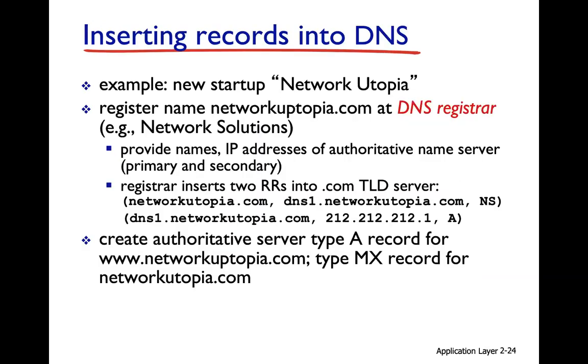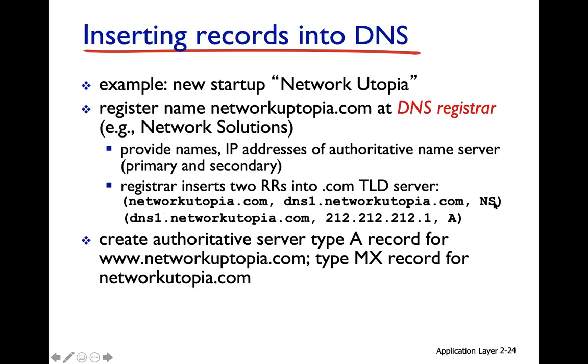So let us see an example. Insert will be the name. This one is the domain. It will insert two things into the DNS server. One is the domain name and the other is the authoritative DNS server.